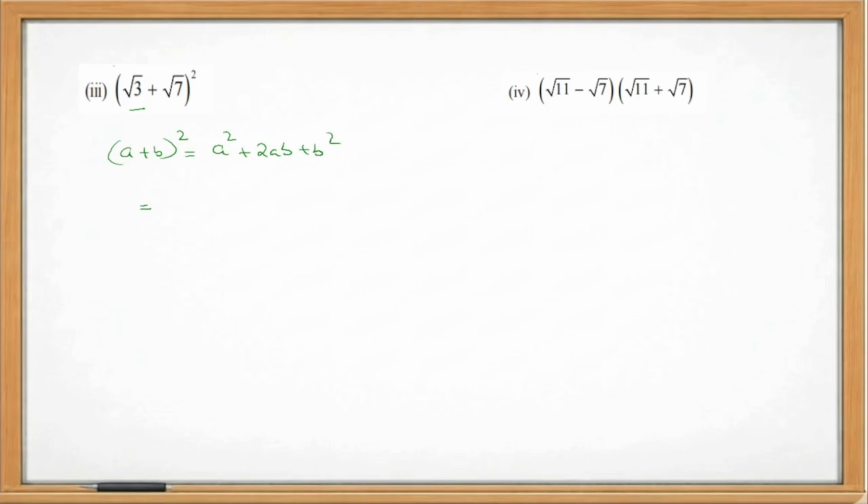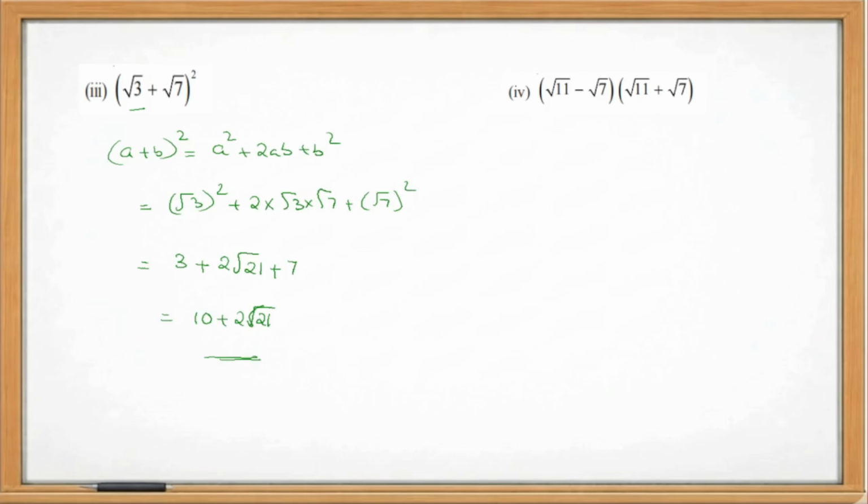So the answer will be root 3 the whole square plus 2 into root 3 into root 7 plus root 7 the whole square, which is equal to 3 plus 2 root 21 plus 7, which is equal to 10 plus 2 root 21.